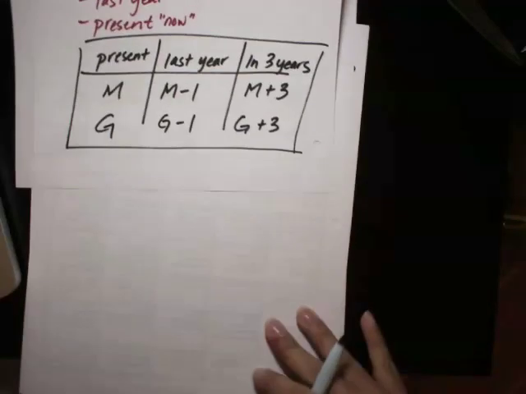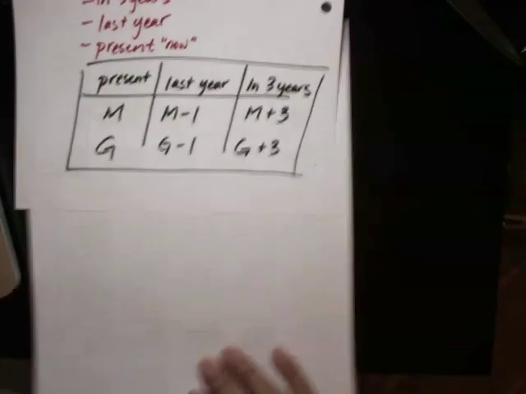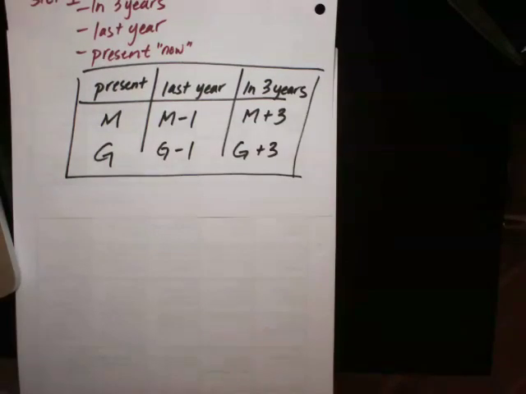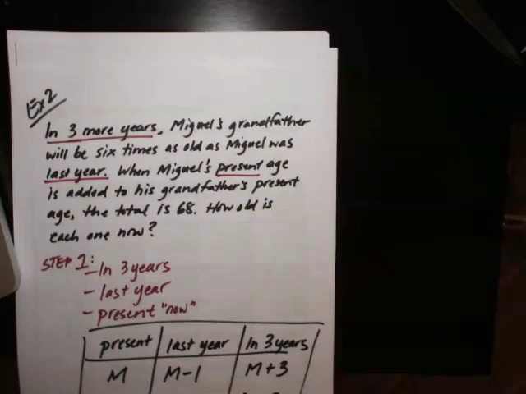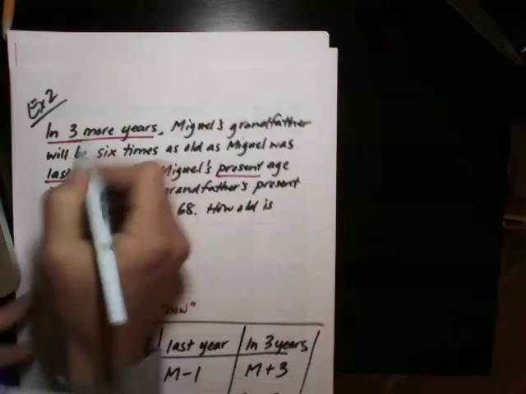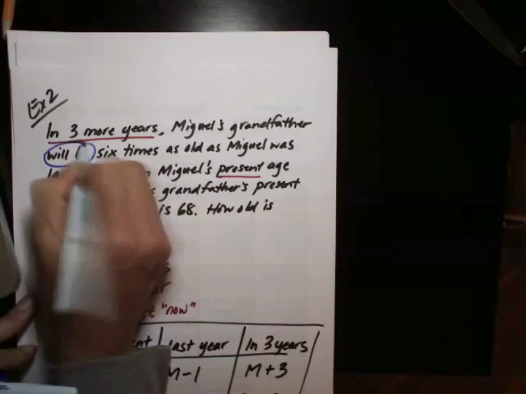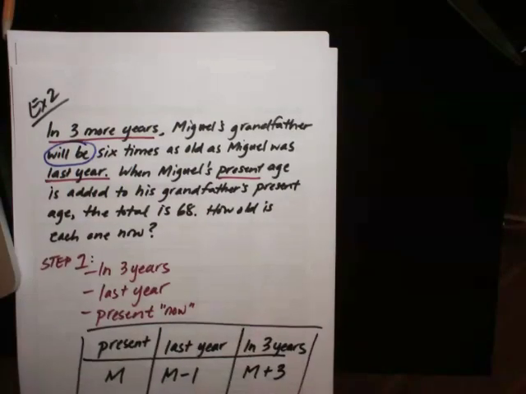Okay. The very first sentence, it says, in 3 more years, Miguel's grandfather will be. Will be, and I want to go back to the story because will be is a very important piece. I'm going to circle will be, okay?